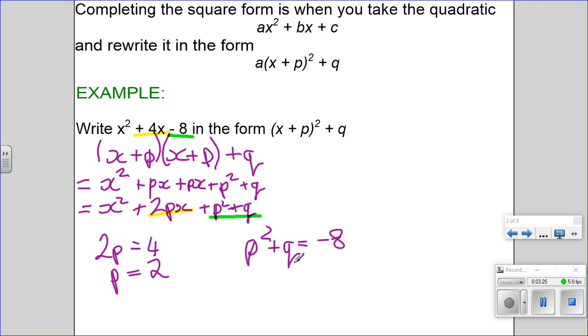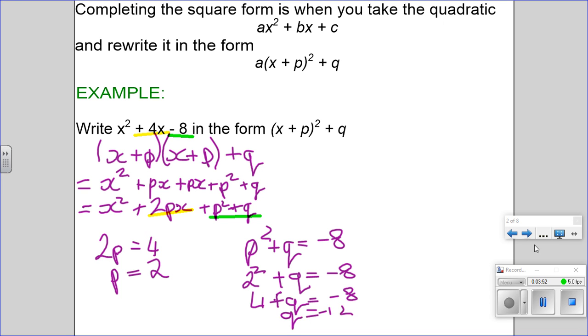And now that I have p, I can substitute it into this equation here, and I will get 2 squared plus q equals negative 8. So 2 squared is 4, so 4 plus q makes negative 8. Well, 4 plus negative 12 makes negative 8, so then q is negative 12.